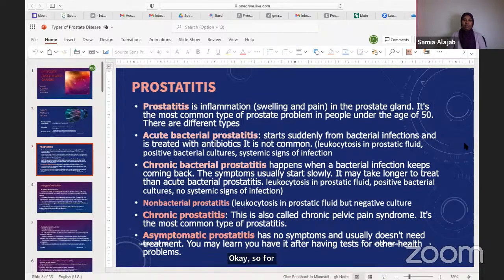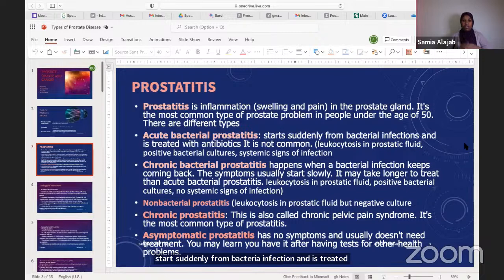Prostatitis is inflammation and swelling of the prostate gland, which causes pain. It's the most common type of prostate problem in people under the age of 50. There are a couple of different types. We're going to cover acute bacterial prostatitis, which starts suddenly from a bacterial infection and is treated with antibiotics.